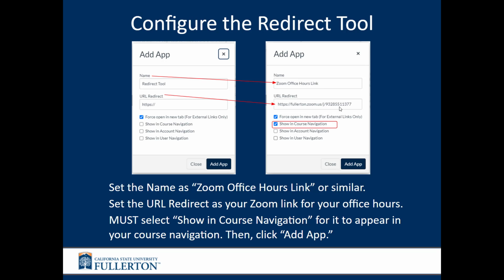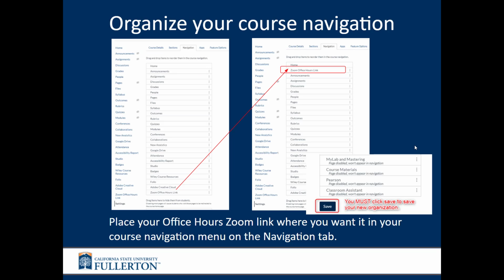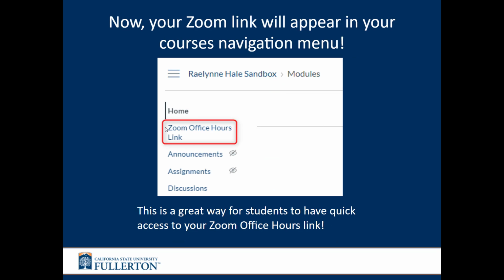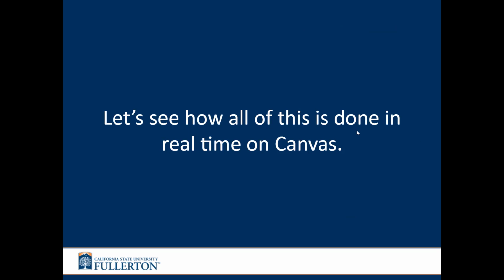We'll type in the URL that we want it to take us to, and we'll make sure we click Show in Course Navigation. Next, we'll activate it just like we did before in the navigations area, so we can enable it and click Save. Next, your link will appear in your course navigation on your course. So let's see how this is done in Canvas.